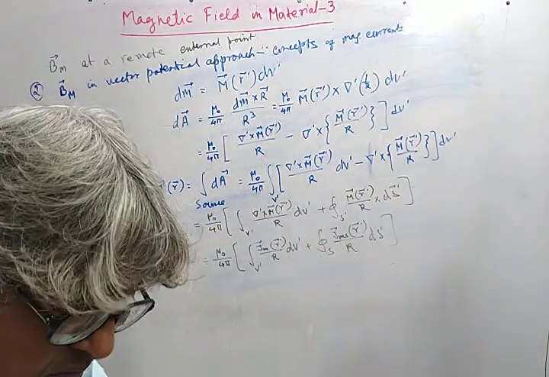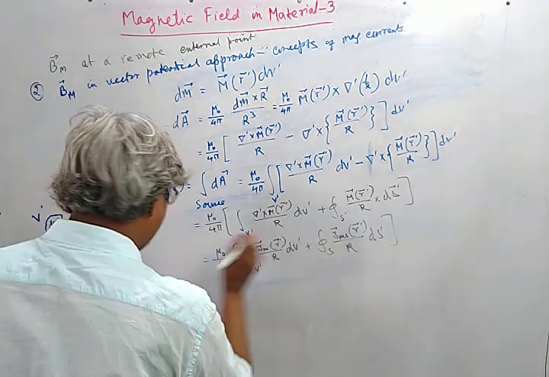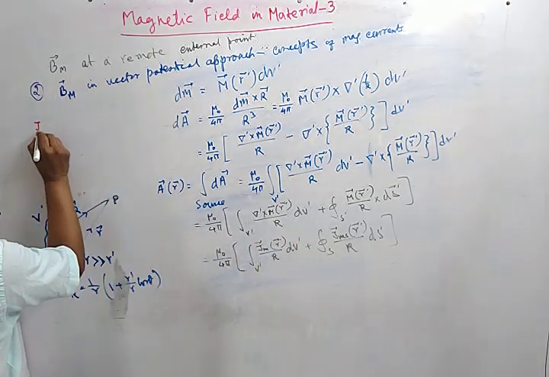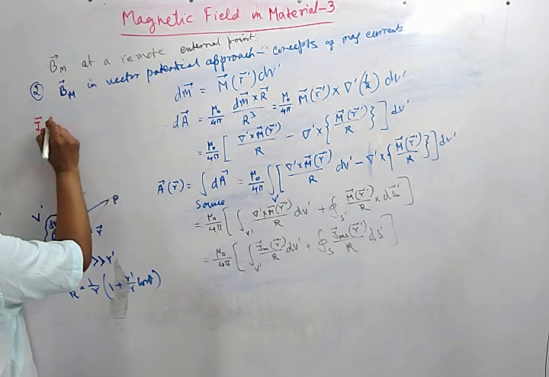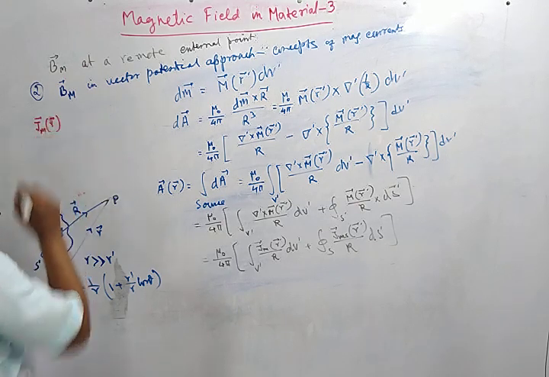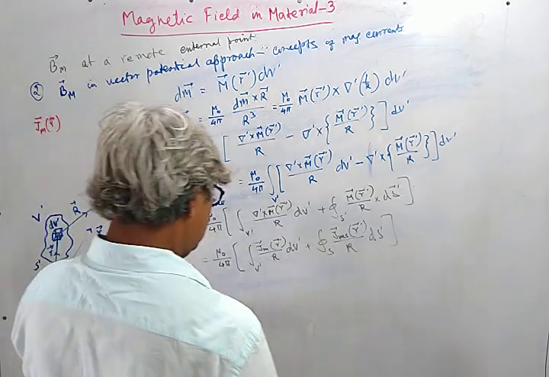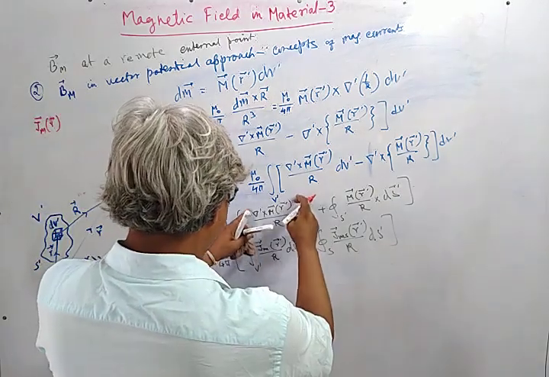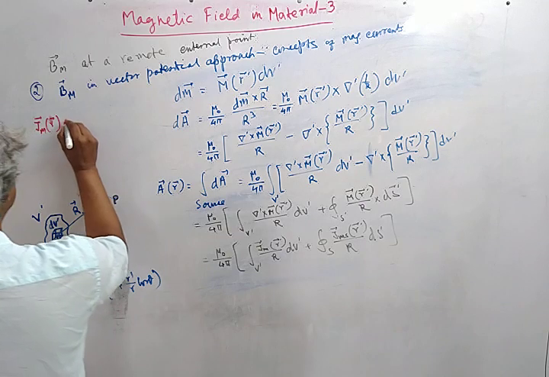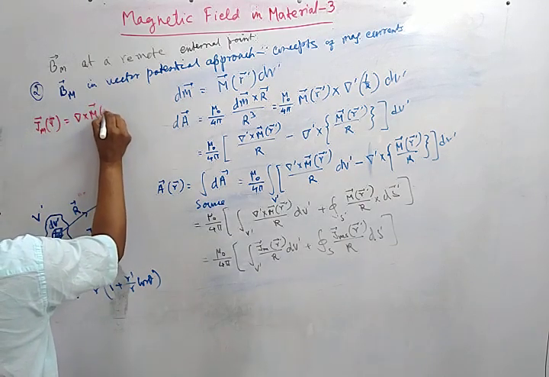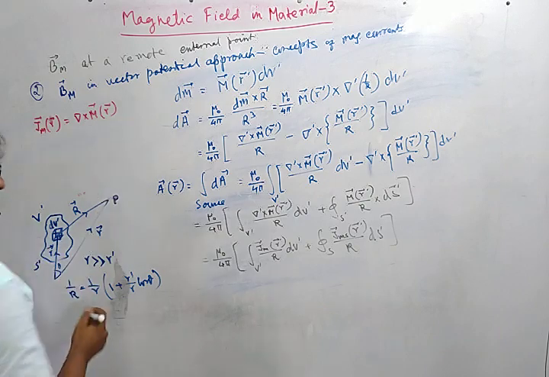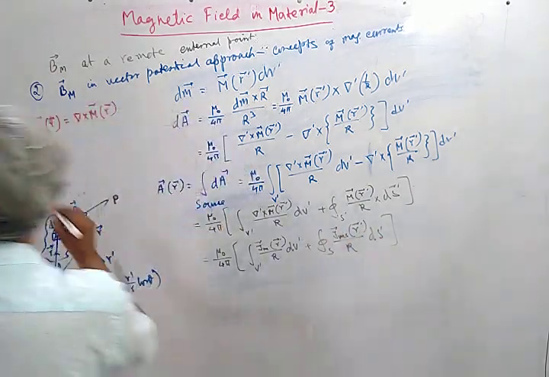Where this Jm is equal to Jm at R, is equal to this part, curl times M at R, and J is the surface contribution.